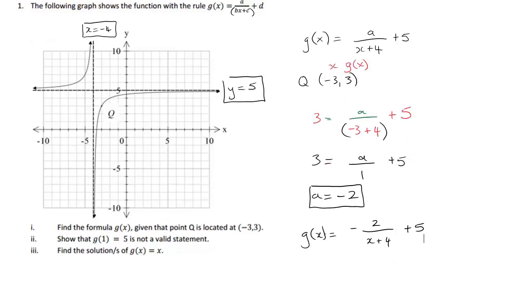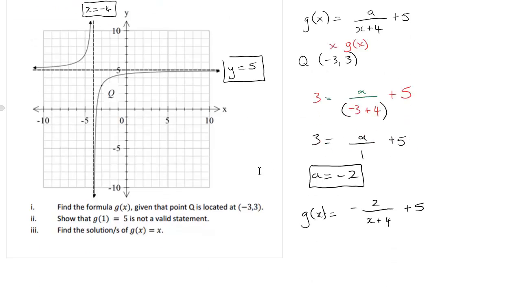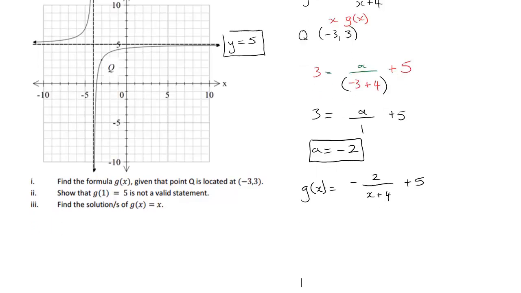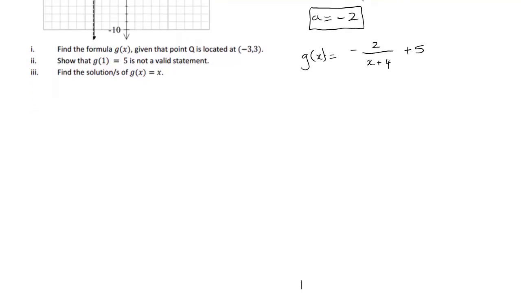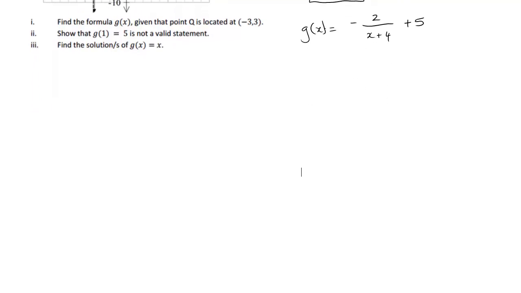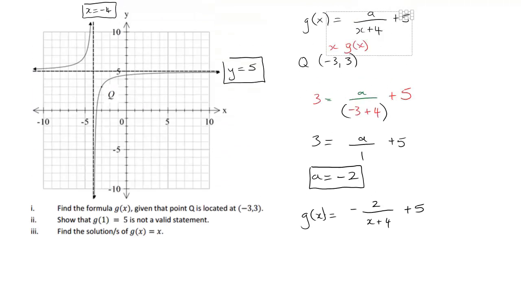Okay. So the next question, question 2, we have to show that g(1) equals 5 is not a valid statement. So if we just look at the graph, we can see that it's actually not going to be possible when you substitute 1 in.